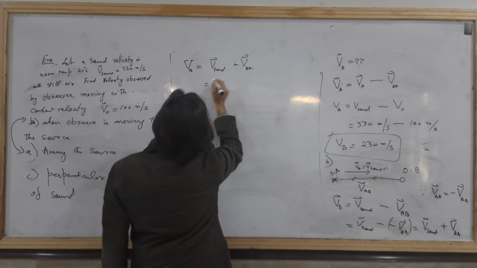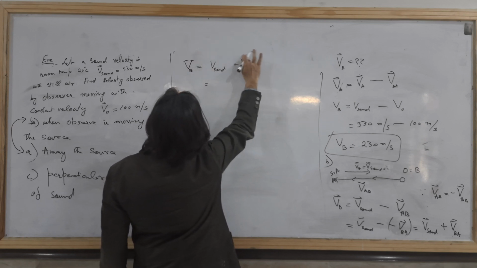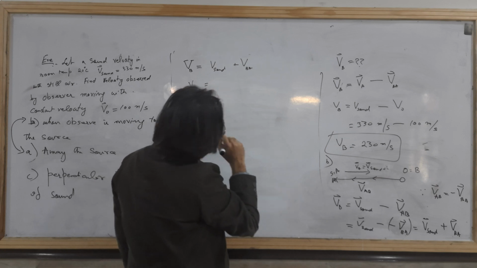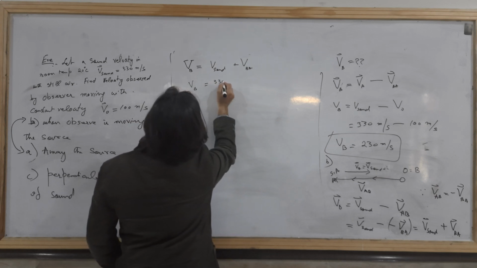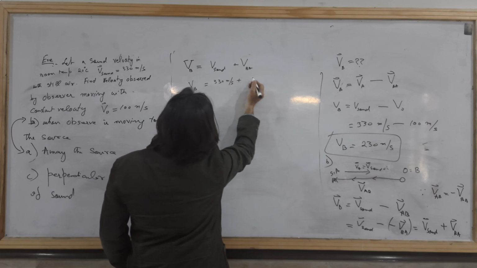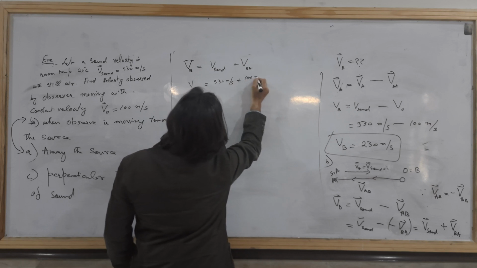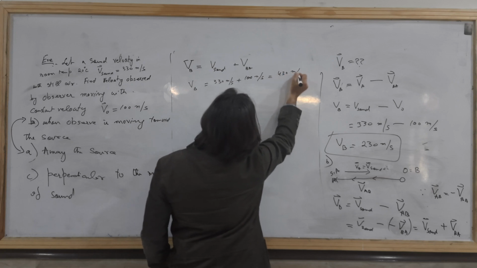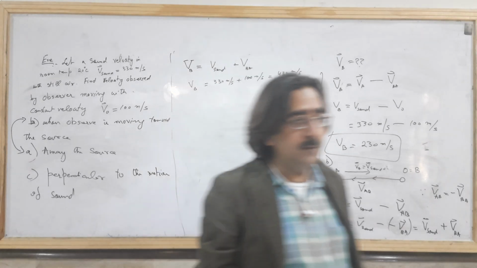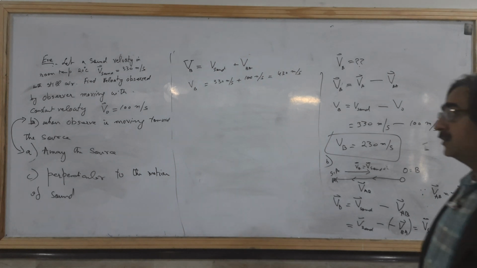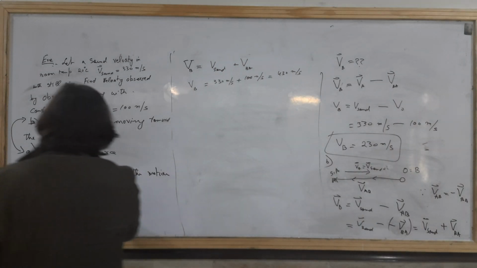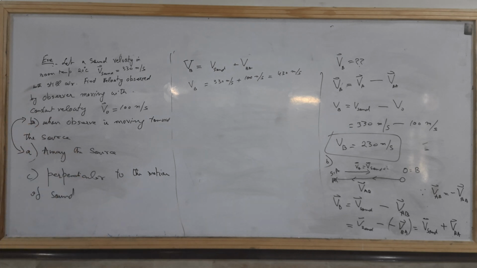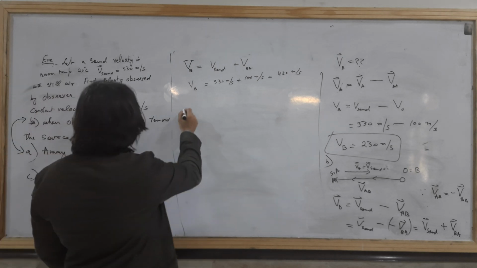And the magnitude: the velocity of sound is 330 meter per second and the 100 meter per second, so that will be 430 meter per second. Okay. Now the question is if the observer is moving perpendicular to the motion. So that is part C.